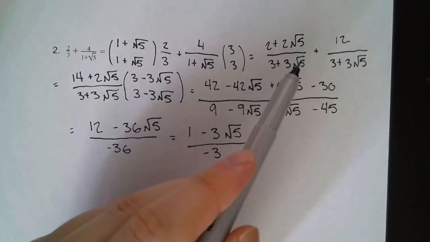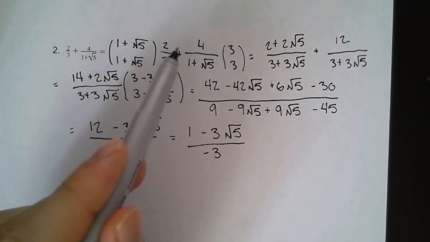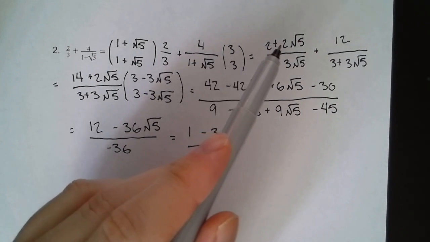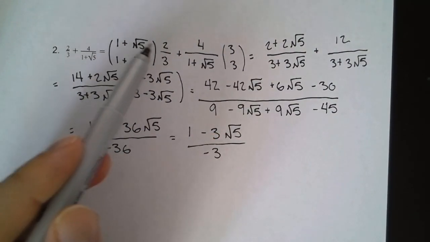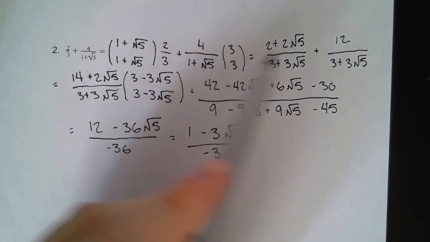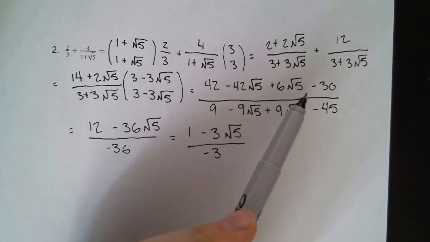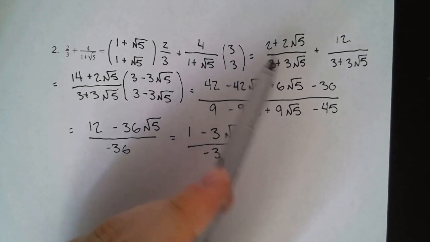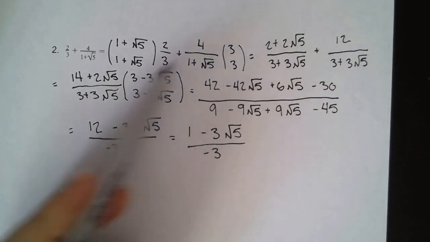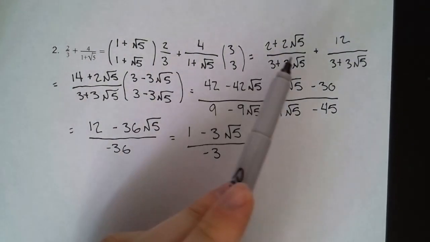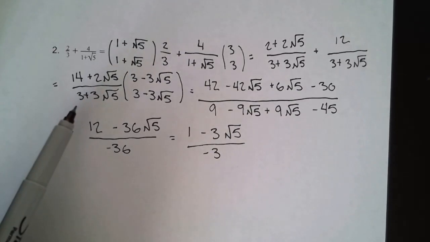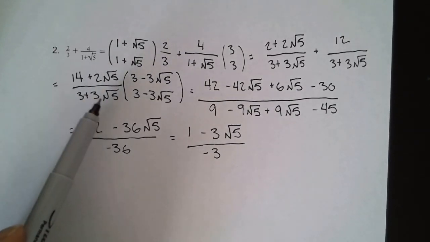That's what I got for both of these. When I multiplied this numerator, I get 2 plus 2 root 5, 2 times both of these. And then 4 times 3 is 12. So now that I have the common denominator, I can go ahead and add my numerators. The only thing we need to do is 2 plus 12, that's 14. The 2 root 5 just comes down, and the denominator is still 3 plus 3 root 5.